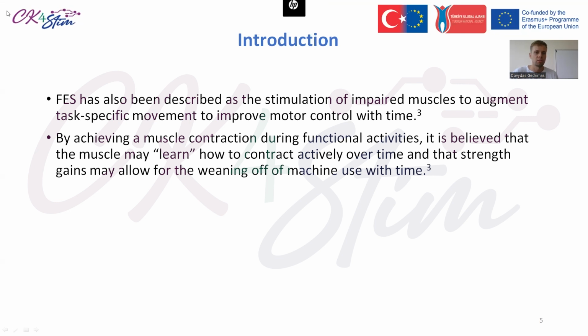FES has also been described as the stimulation of impaired muscles to augment task-specific movement to improve motor control with time. By achieving a muscle contraction during functional activities, it is believed that the muscle may learn how to contract actively over time, and the strength gains may allow for the weaning of machine use with time.